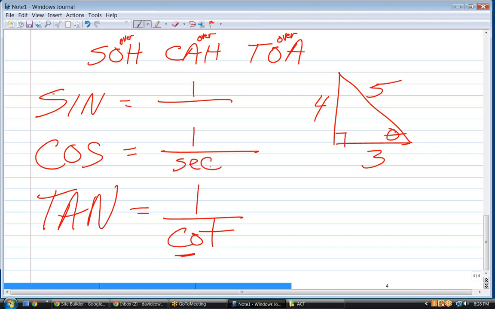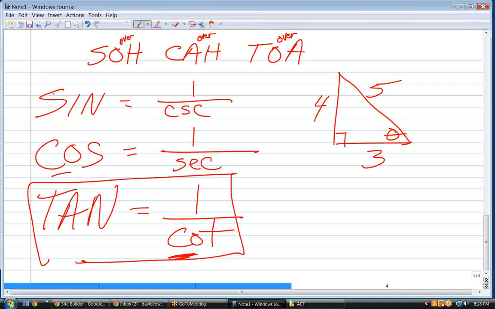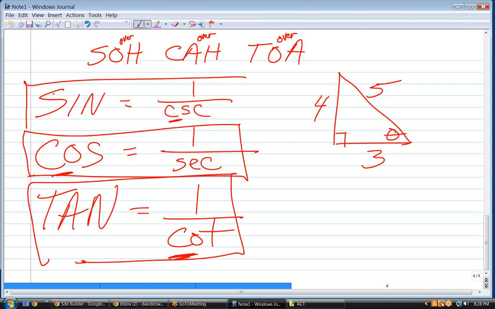There's the co in this pair, there's the co in this pair, and there's the co in that pair. Precisely one co. In other words, you know that secant is not going to be the reciprocal of sine because there's no co in that pair.